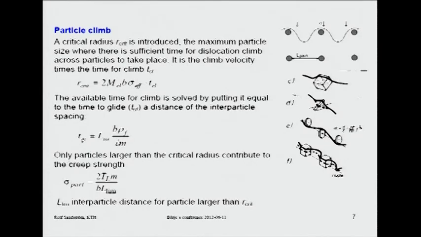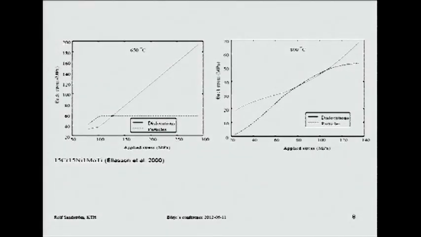If you take that into account in the modeling, you can describe the creep behavior of materials at higher temperatures. And this is now an illustration of a computed back stress as a function of applied stress.